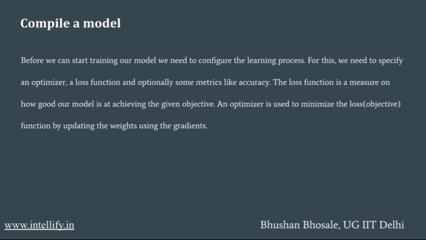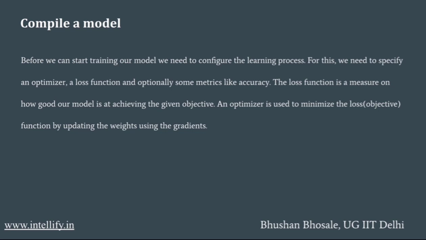An optimizer is used to minimize the loss or the objective function by updating the weights using the gradients. So loss function, accuracy and optimizer are the three main things that we need to keep in mind while compiling a model.